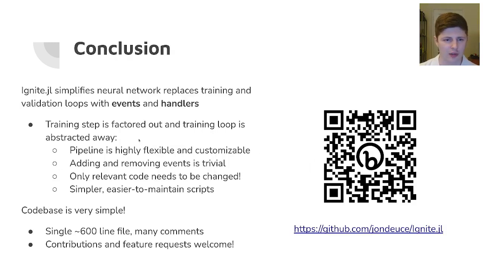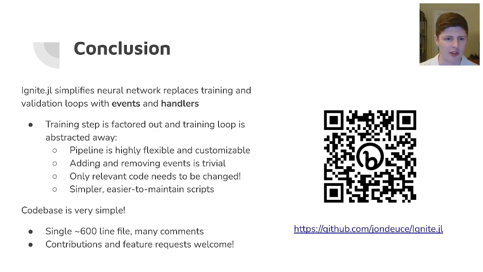All right, so that concludes the first part of the talk. Just to summarize, Ignite.jl simplifies neural network training by replacing the training and validation loops with events and handlers. So the training step is factored out and the training loop is abstracted away. This pipeline is highly flexible and customizable.